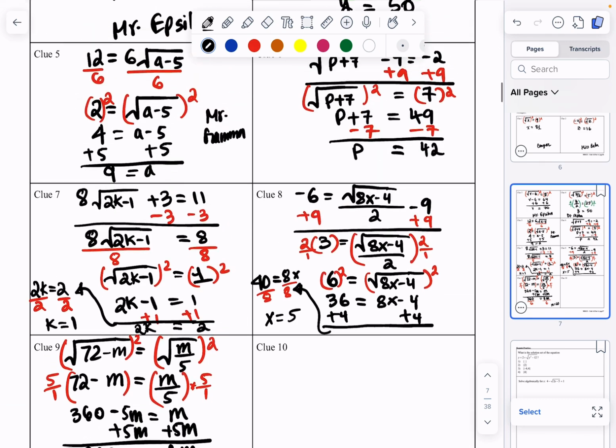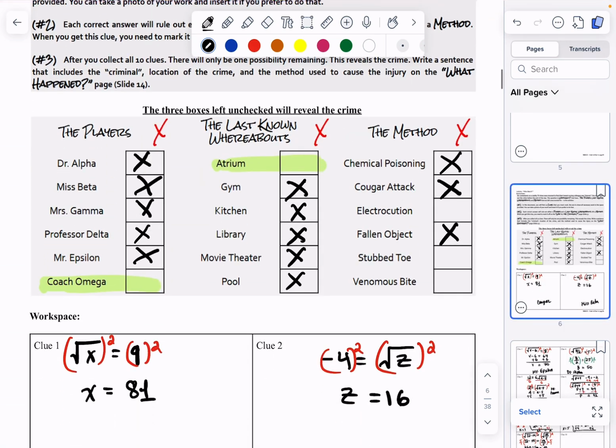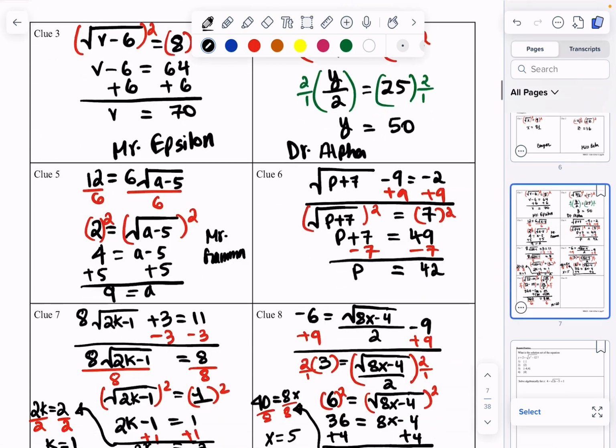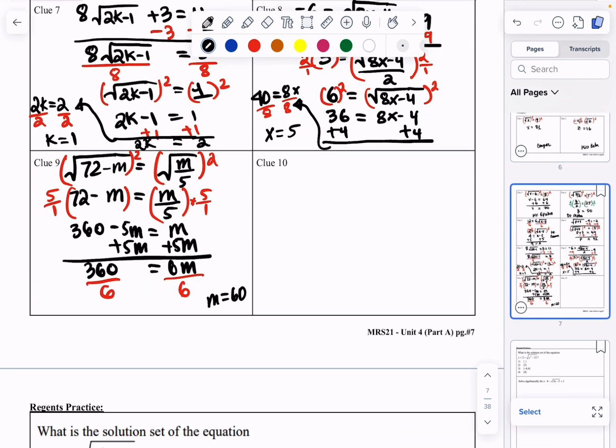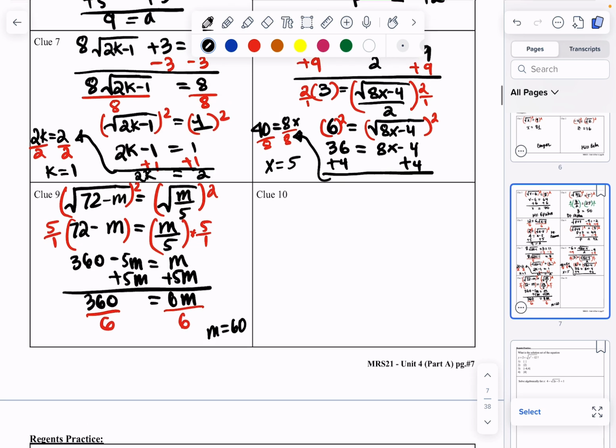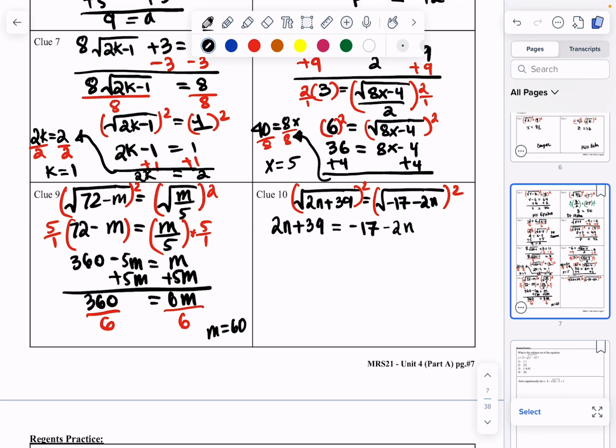M equals 60 gives us victim was not electrocuted, so we can take out electrocution. And then let's see, we're left over with clue number 10, which is, we have a binomial situation on both sides. Radical 2n plus 39 is equal to radical negative 17 minus 2n. We square on both sides. We are left over with 2n plus 39 is equal to negative 17 minus 2n.